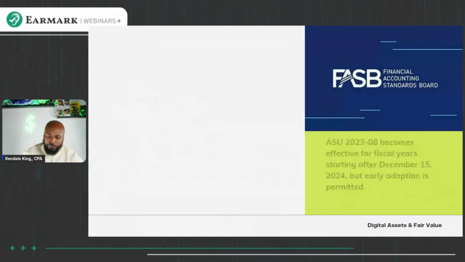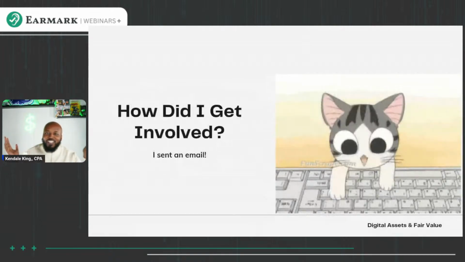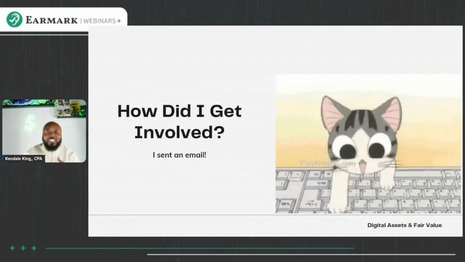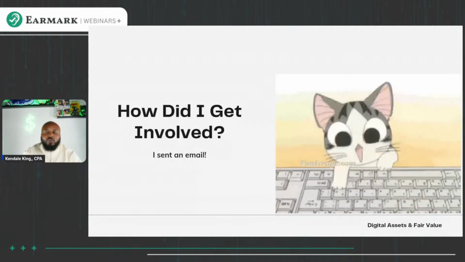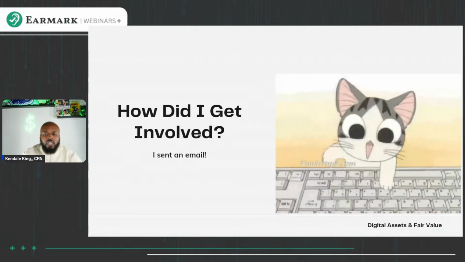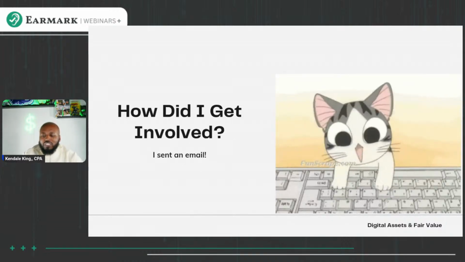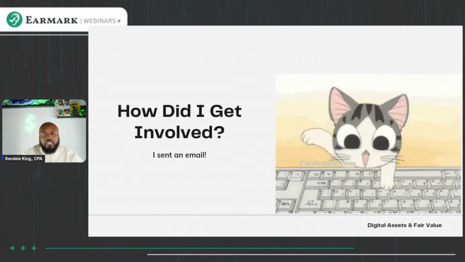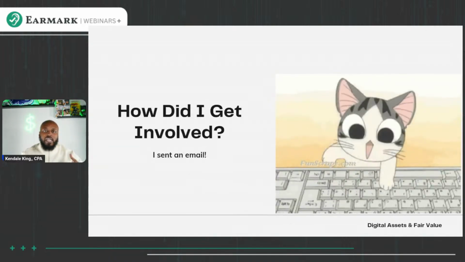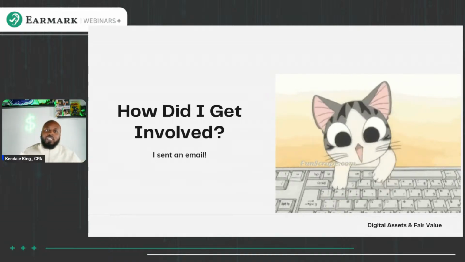Okay. So first off, how did I get involved in this at all? Literally, that's me typing an email. I went online to FASB once I heard that they were coming up with some of the ruling for it. This was about 2022. I was already in the space, and I was very interested in being a part of what, in my opinion, was history in the making.